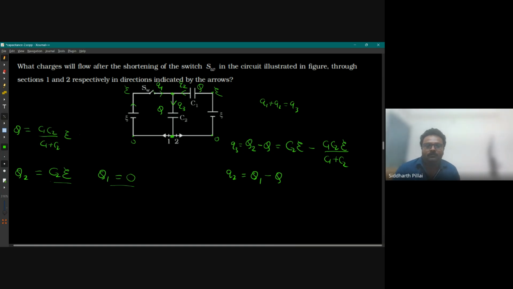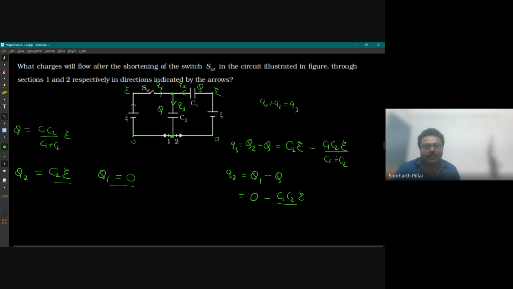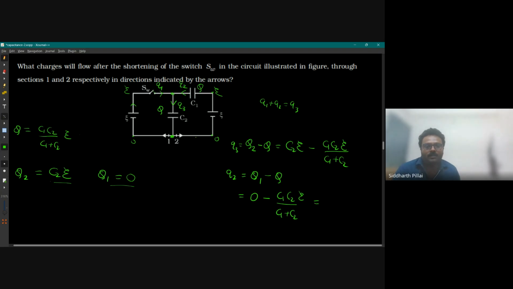That will give you how much charge it has lost. So Q2 is 0 minus Q, which is minus C1 C2 E by C1 plus C2, because it is losing charge.